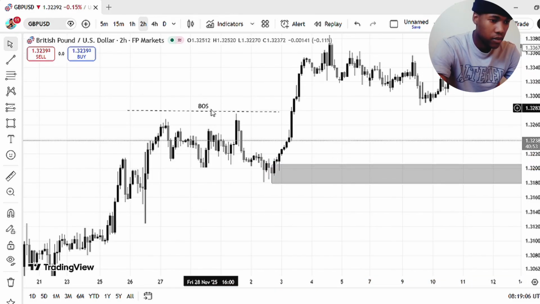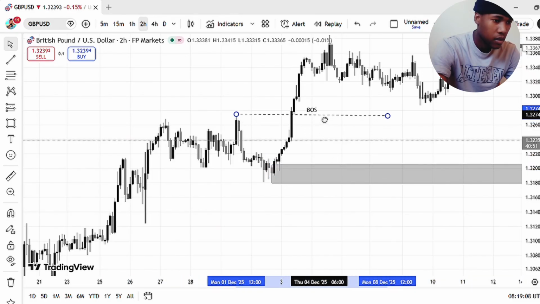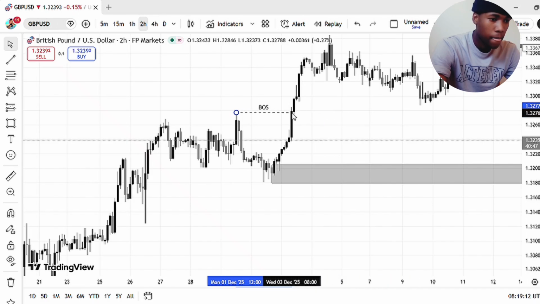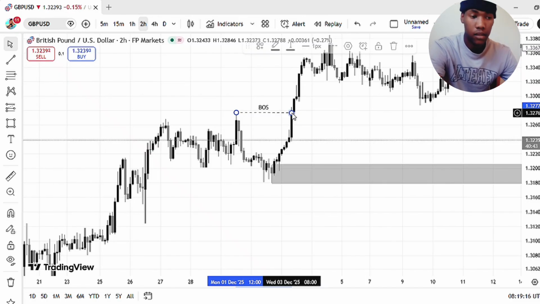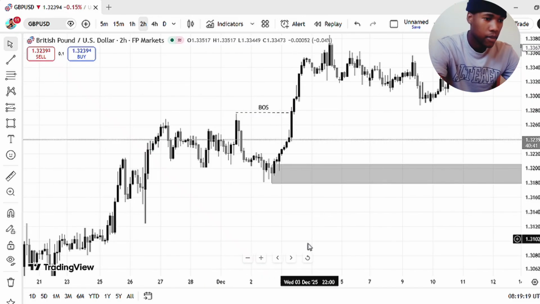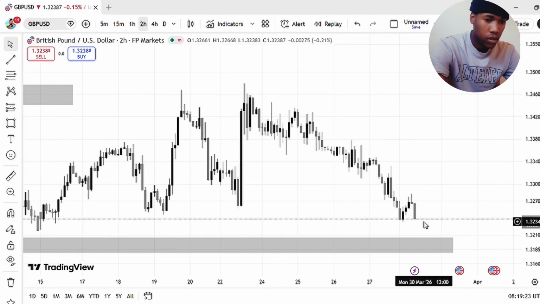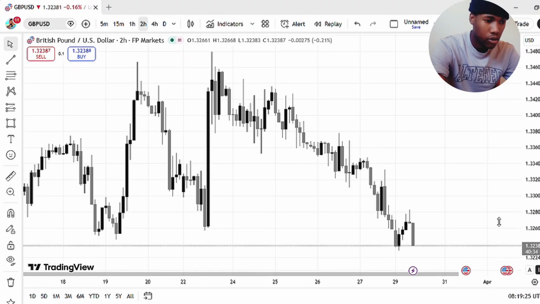If it didn't react to this order block in the lower time frame, then we're gonna actually trade that order block, because if the order block hasn't been mitigated, then it's gonna remain strong. But if it has already been mitigated, then it's going to be weak. It's going to be more like a support level.